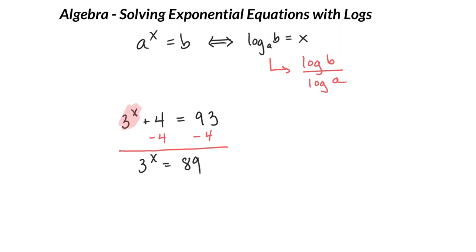Now it looks like this form right here. I could rewrite this using logs: log base 3 of 89 equals x. And then, like I said above, the way we would actually type this into our calculator is the log of 89 divided by the log of 3.